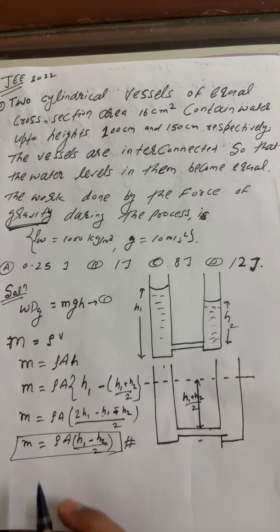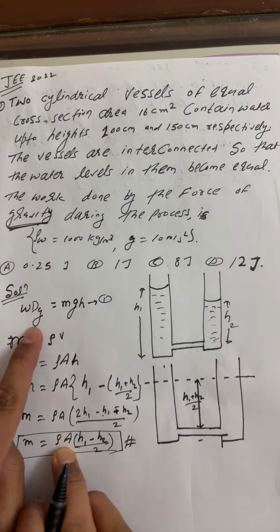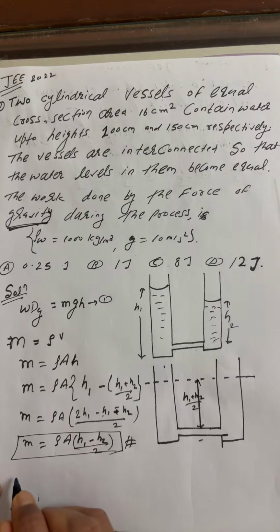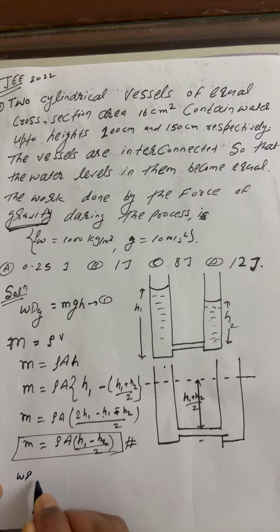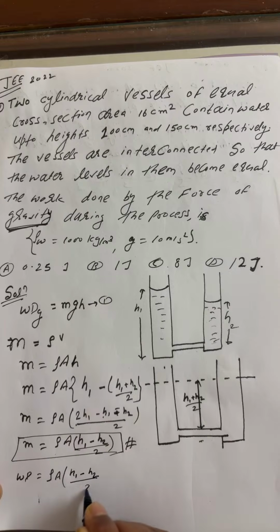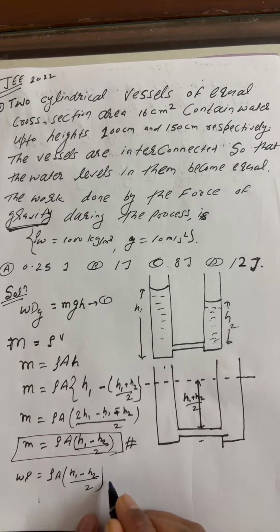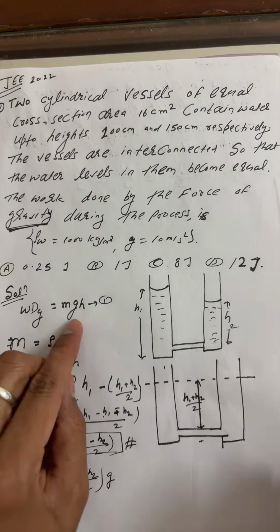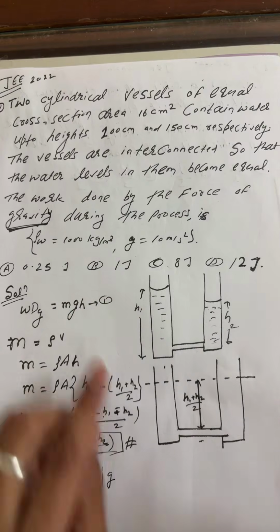Now here I'll feed this value in equation number one. Mass, I already found, is rho A (H1 minus H2) by 2. G remains constant. What is the value of H?